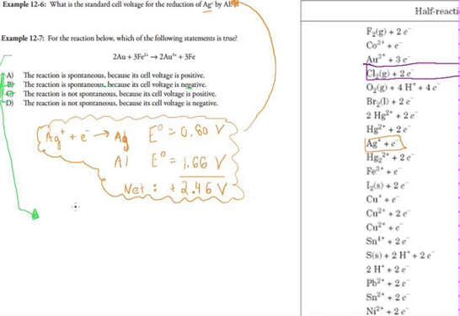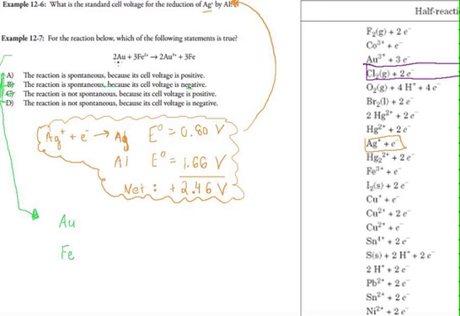Okay, so now let's try to actually work out the problem. We know we're dealing with Au, that's gold, and iron, Fe. So in this case, the first question is which one of these is being oxidized and which is being reduced, right?